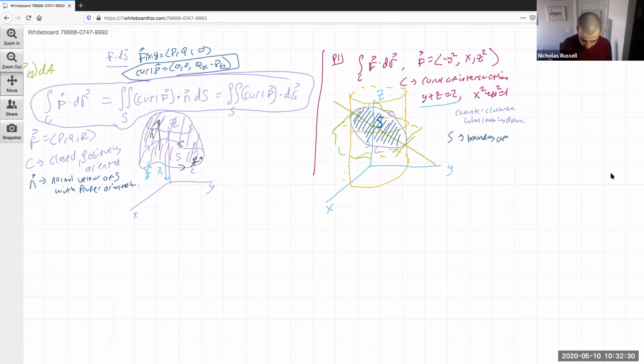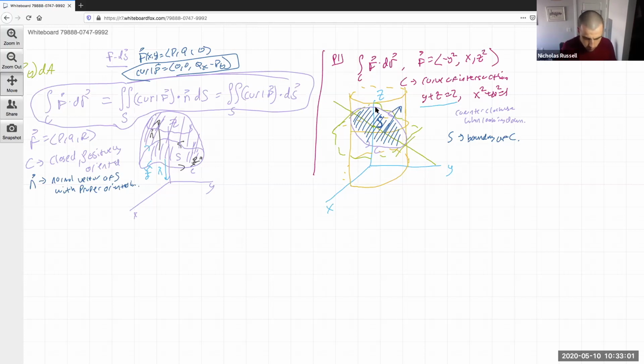Now, if I'm going to have this be positively oriented, we see I have a counterclockwise direction. So to have my right-hand rule, I will need a normal vector pointing out in this direction here. Agreed on that? Okay.